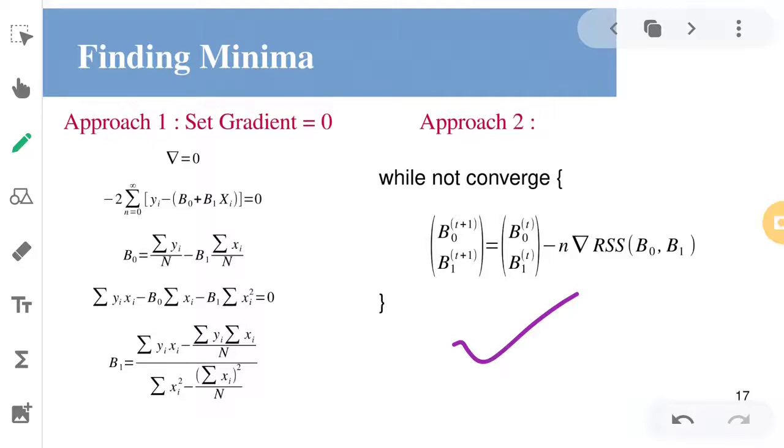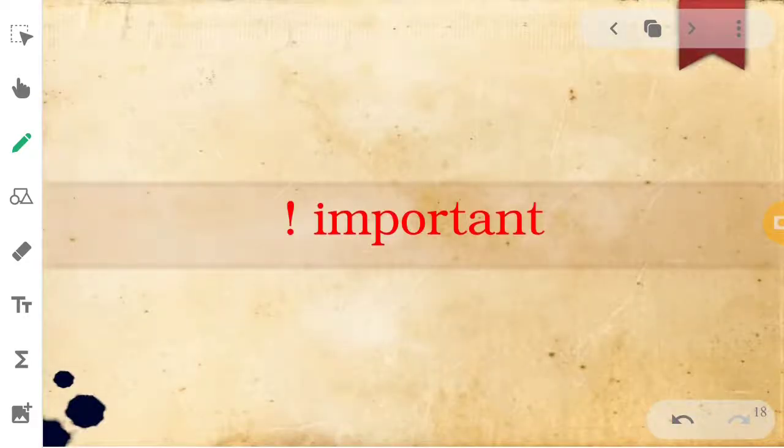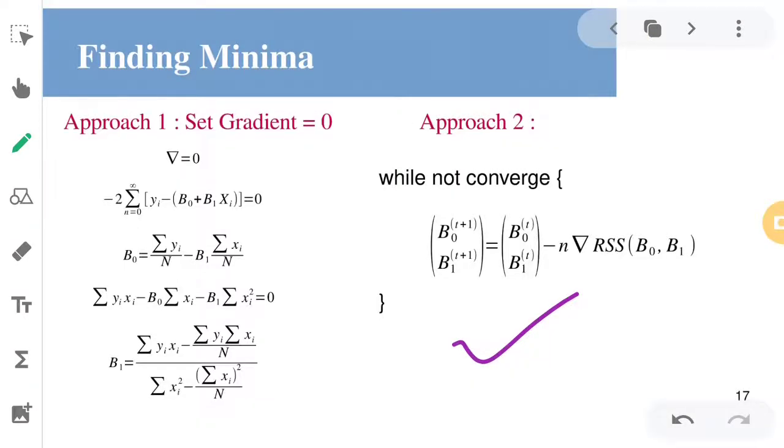But in practical machine learning problems it is difficult, and sometimes not possible, to set the gradient equal to 0, so you have to choose the second approach, gradient descent.